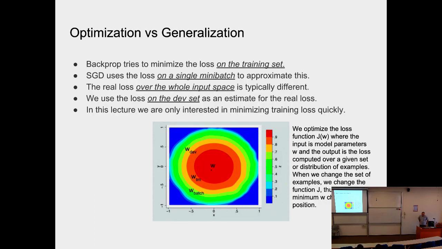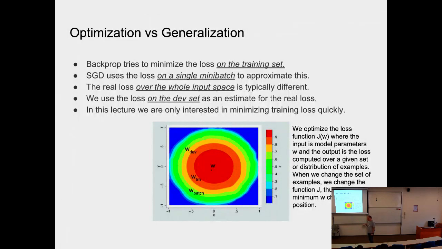So backpropagation, the end goal of backpropagation is to minimize the loss on the whole training set. In order to implement this efficiently, we use SGD, and SGD basically takes steps based on losses on individual mini batches.